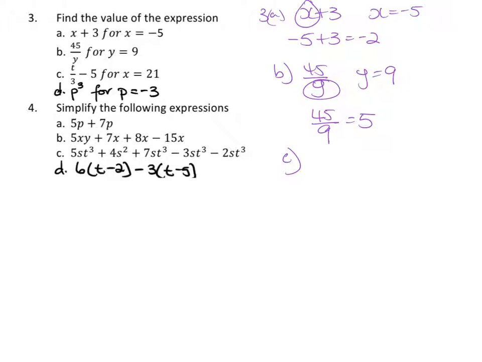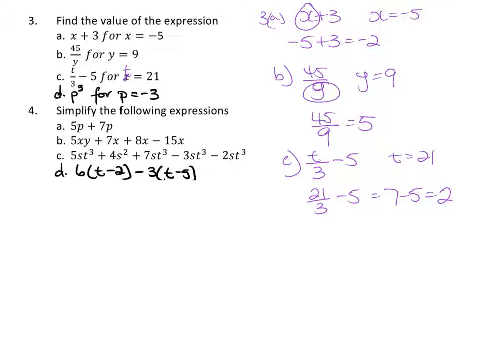3c. We have t over 3 minus 5, and that should be t is equal to 21. So we'll have 21 over 3 minus 5, which gives us 7 minus 5, which gives us 2. 3d. p cubed, and they tell us that p is equal to minus 3.